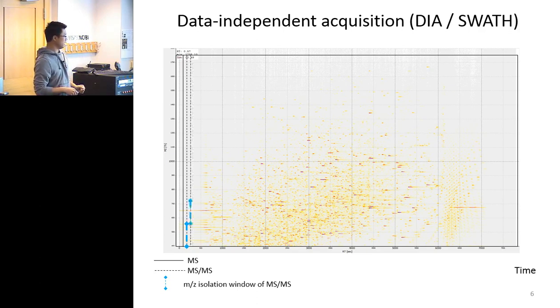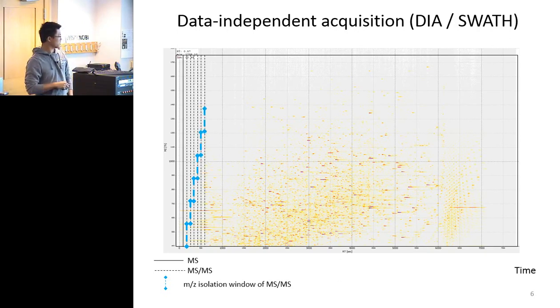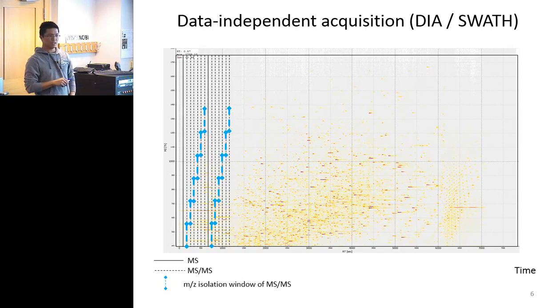So for example, they first do this isolation window, and the next scan, regardless of what the peptide in your MS1 scan is, they scan another range, and then the third scan, they move the isolation window up to the next range the instrument hasn't scanned. So they do this type of screening across the whole mass range, and the next cycle it comes back to scan the whole range.